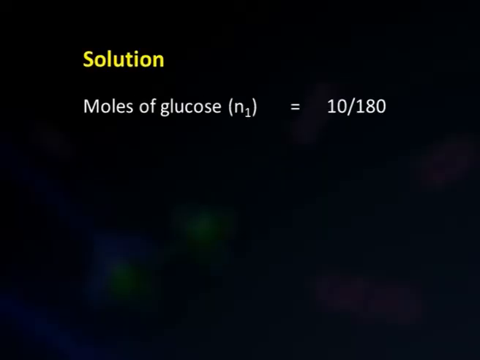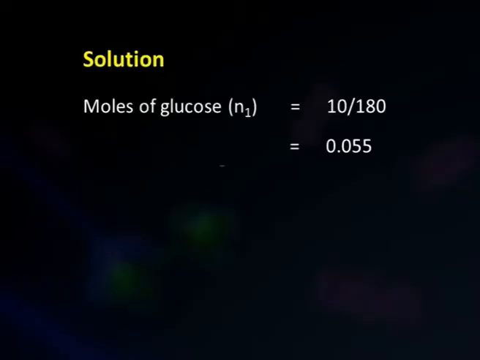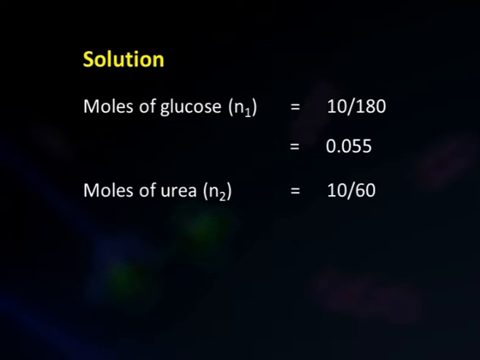The molecular mass of glucose is 180, hence the number of moles of glucose is 10 upon 180, equal to 0.055. The molecular mass of urea is 60, hence the number of moles of urea is 10 upon 60, which is equal to 0.167.